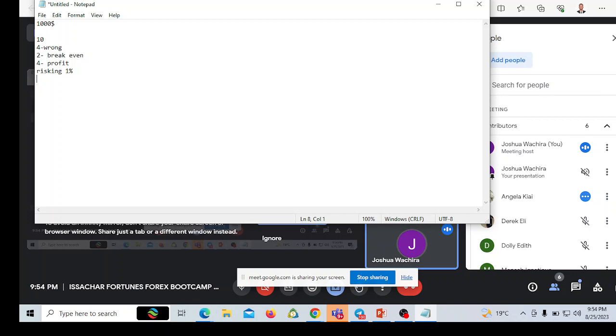It's called risk to reward. It's written as R is to R of 1 is to 3. Okay, so every time we risk 1%, we are targeting 3%.